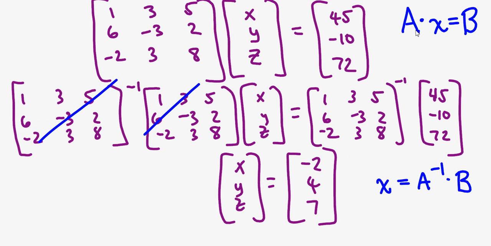Normally we would say B divided by A, but with matrices we can't divide. So instead we multiply the inverse of A times B.